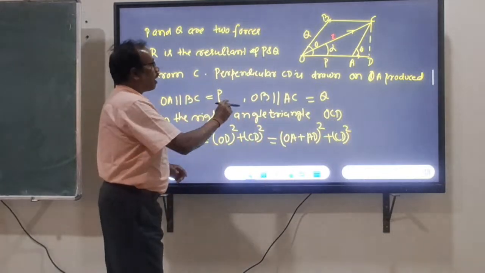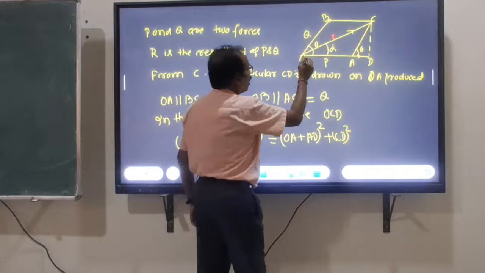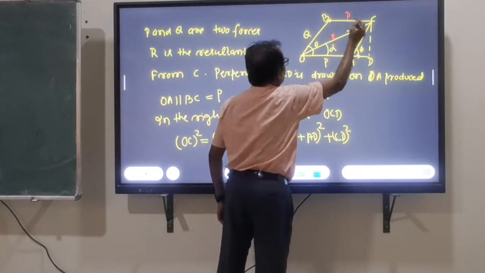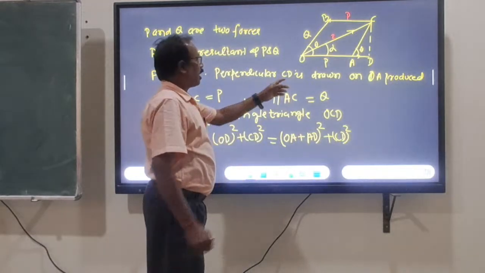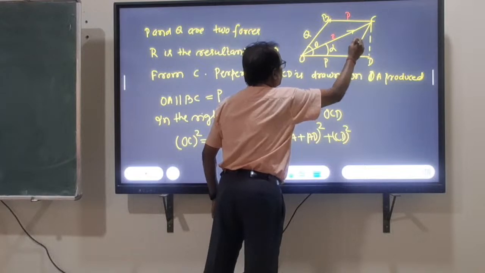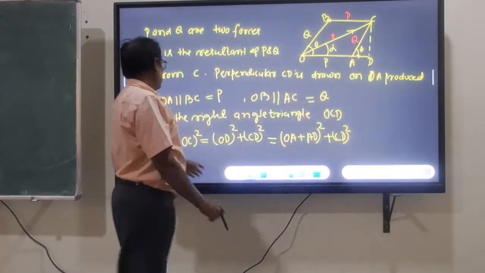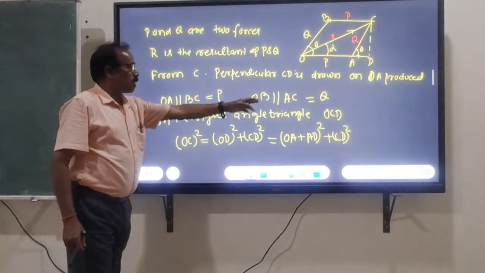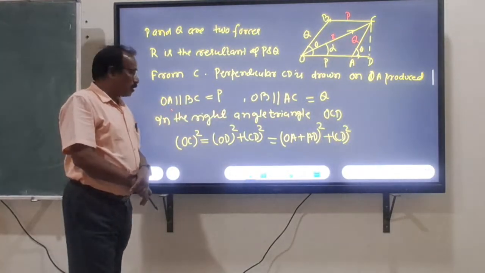Here, OA is equal to BC, OA parallel to BC, that is P. Then OB parallel to AC is equal to Q. Therefore, OA parallel to BC is equal to P, OB parallel to AC is equal to Q.